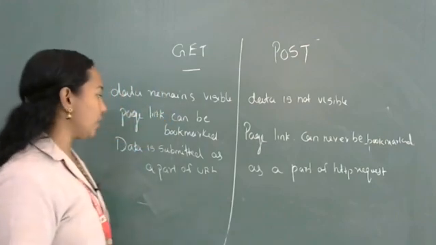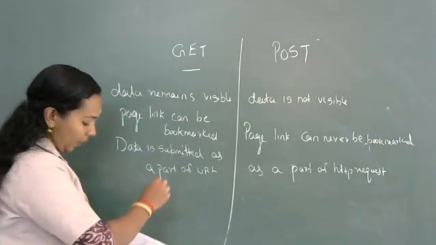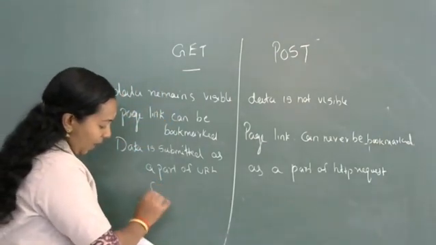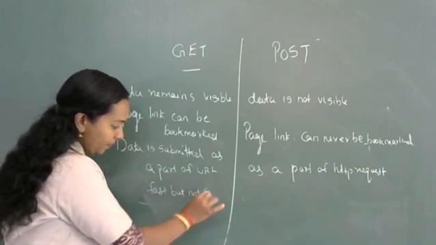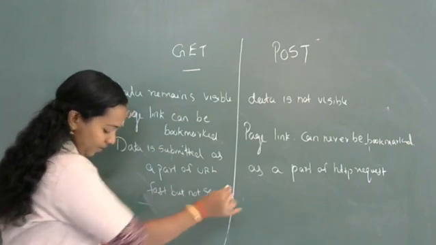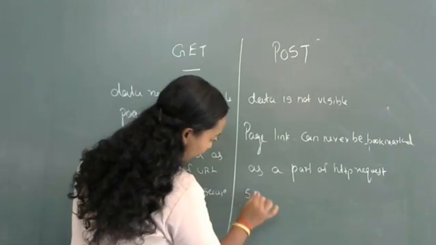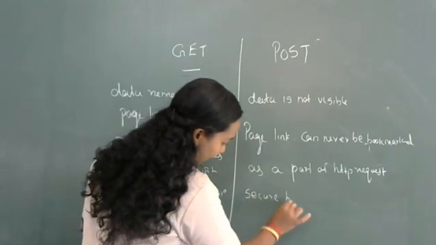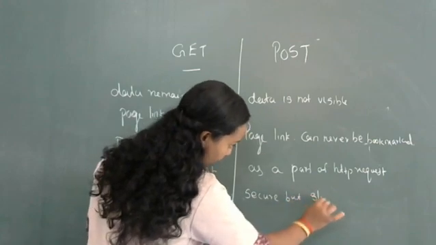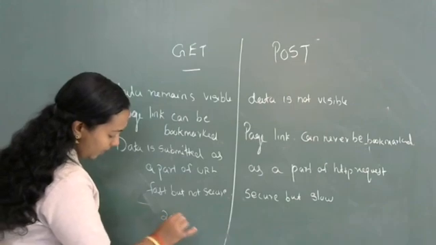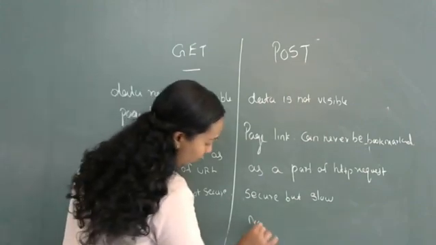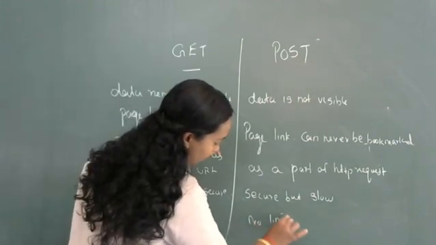Get method is fast but not secure. Post method is secure but slow. Then get method is limited to 2000 characters, post method has no limit.